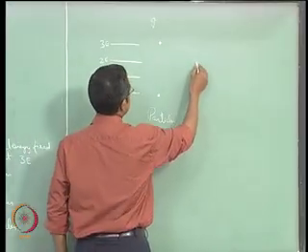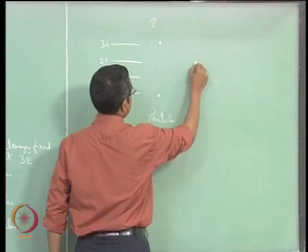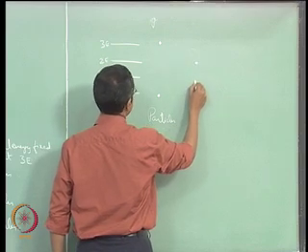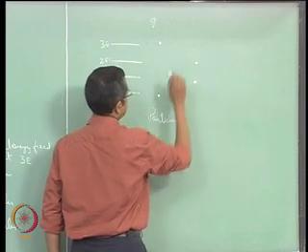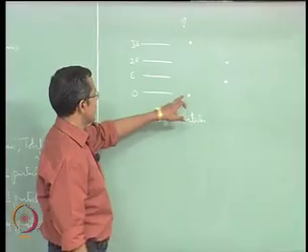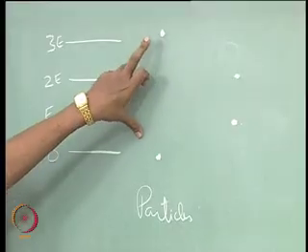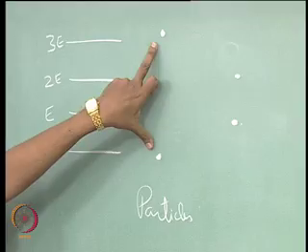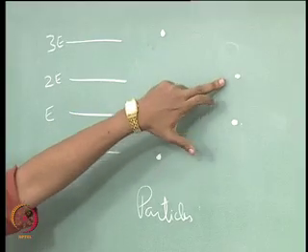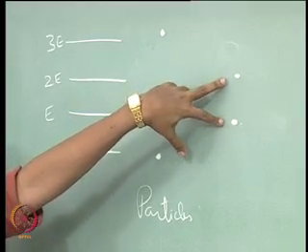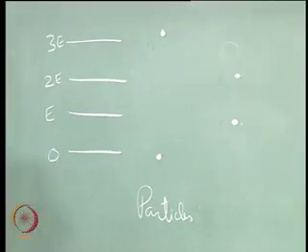The other possibility is that one particle sits at 2E and the other particle sits at E. So this is one possibility. So this would be considered as one microstate where you have one particle sitting at 3E, one particle sitting at 0. This is another microstate where one particle is at 2E and another particle is at E. Okay, so this is the thing.